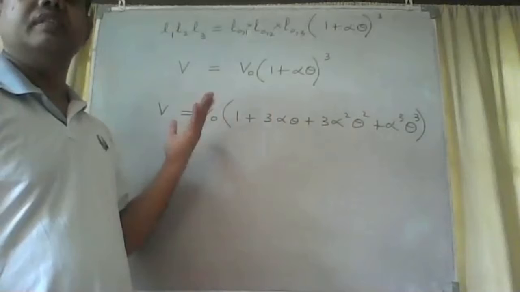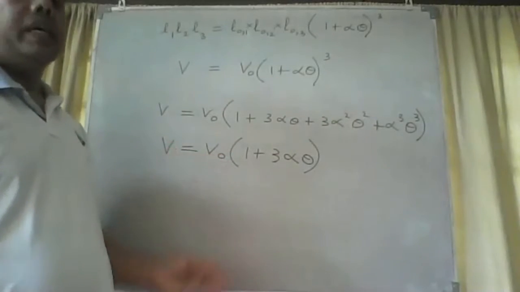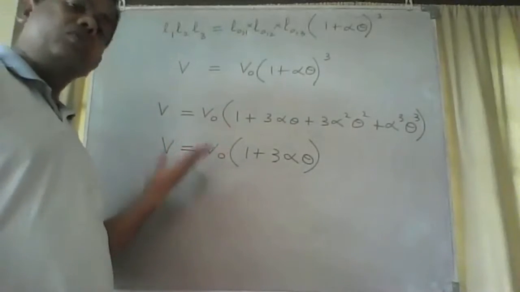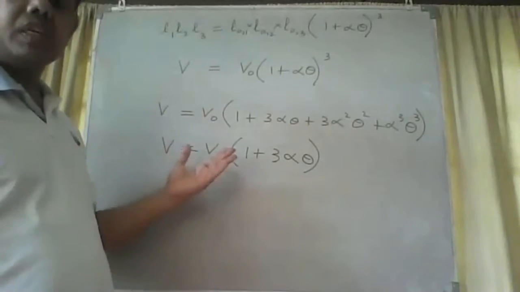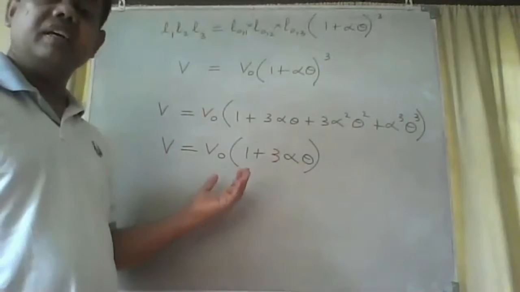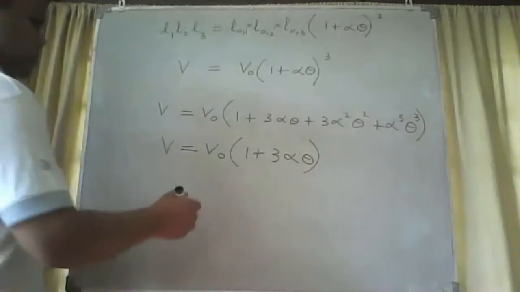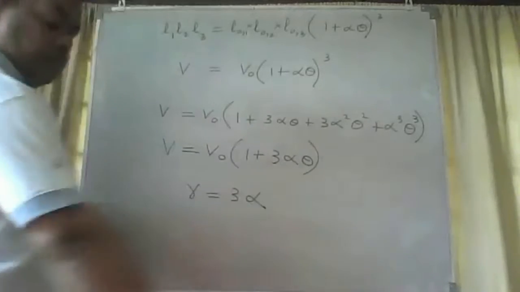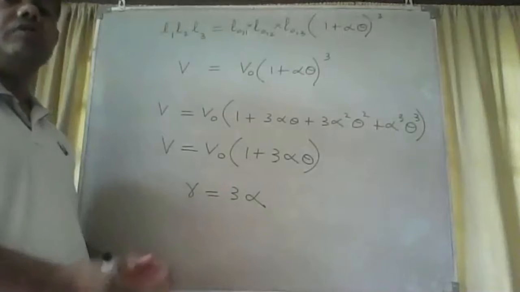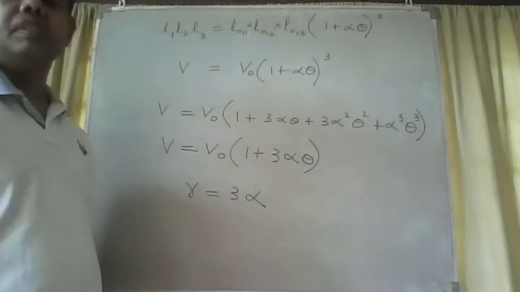Therefore, we can write this relationship as this. And now, if we compare this equation with V equals V naught times 1 plus gamma theta, we can understand that gamma equals 3 alpha. Which means that volume expansivity of a material is 3 times the linear expansivity.